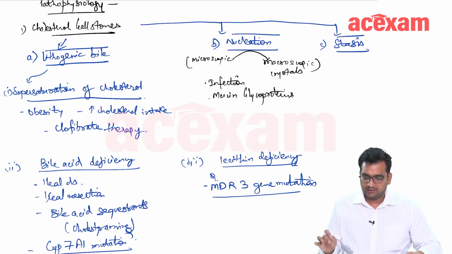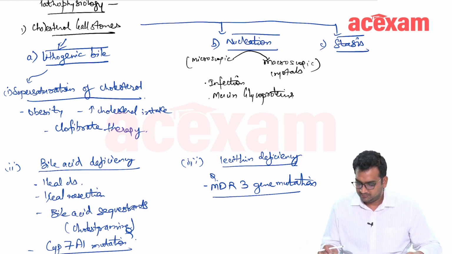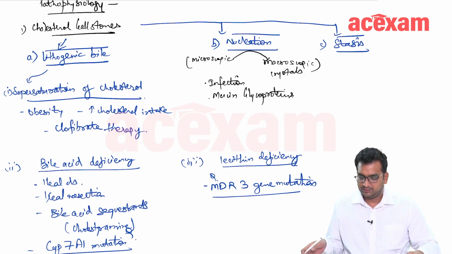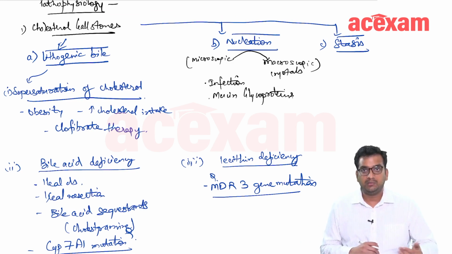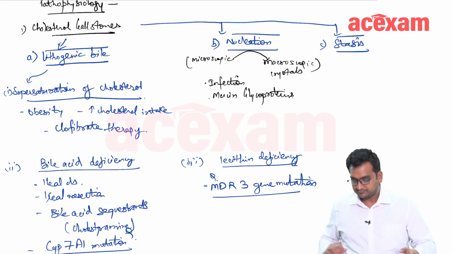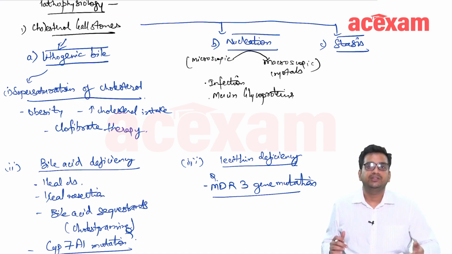And now this third point is stasis. Stasis can occur due to any reason in which the patient is unable to take orally for a longer period of time and there is lack of release of cholecystokinin.